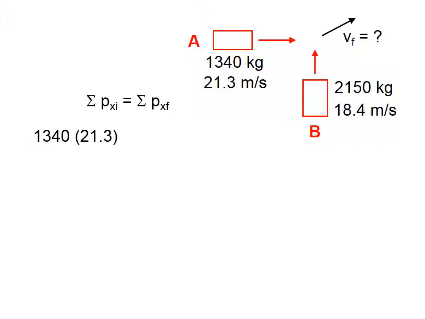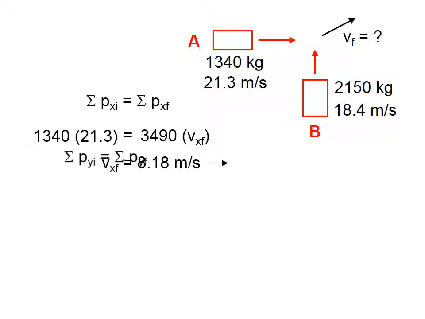In other words, 1,340 kilograms plus 2,150 kilograms. That adds up to 3,490 kilograms. And that combined mass will be scooting to the right with some x velocity, which I'm going to call Vxf. According to the law of conservation of momentum, those two sides should be equal. Divide both sides by 3,490, and we get the x component of the velocity to be 8.18 meters per second.